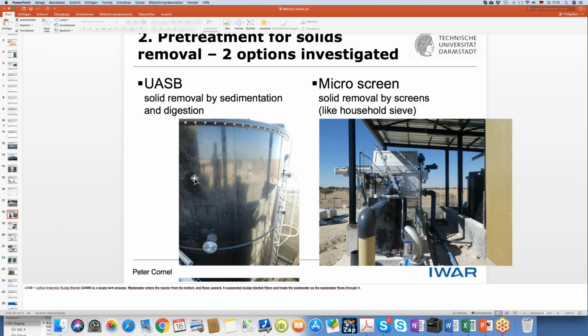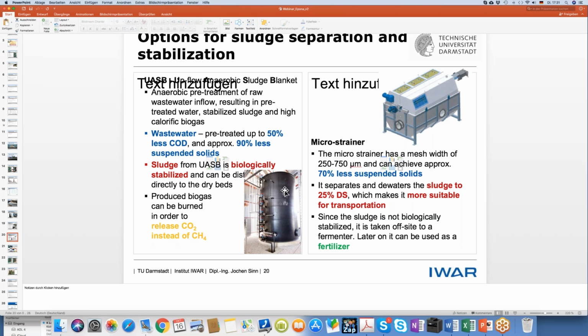Yeah, I don't know. I think you see my screen. This is a tank, like a cylinder. It's by a company which has a lot of experience with the UASB, and has been installing it, in this case, in Namibia.